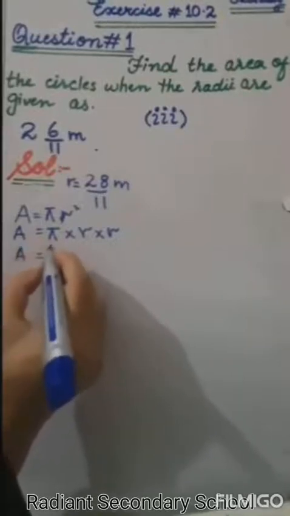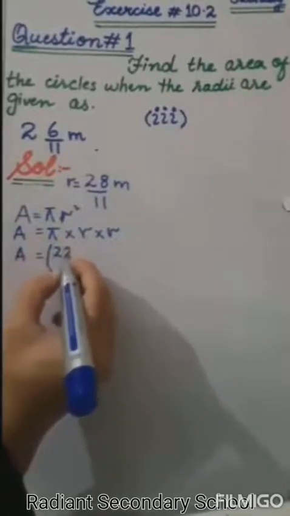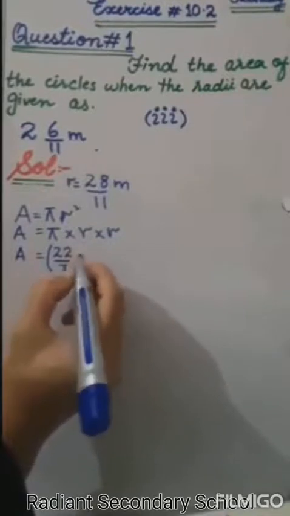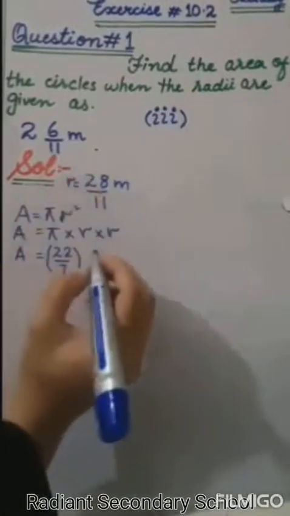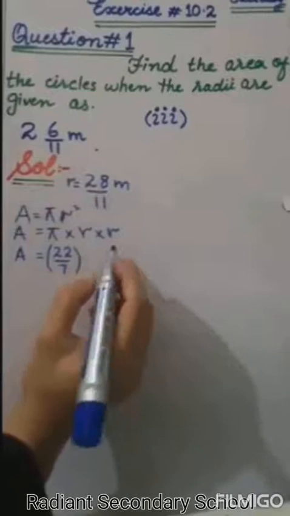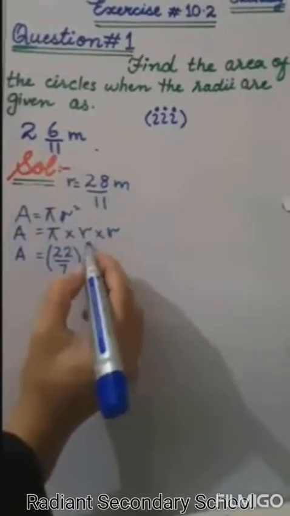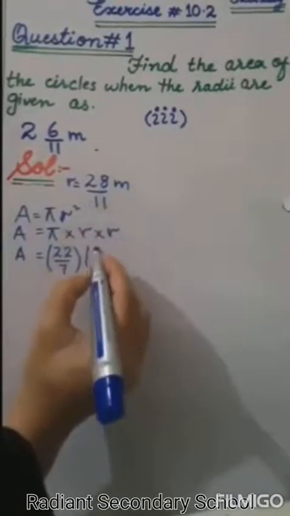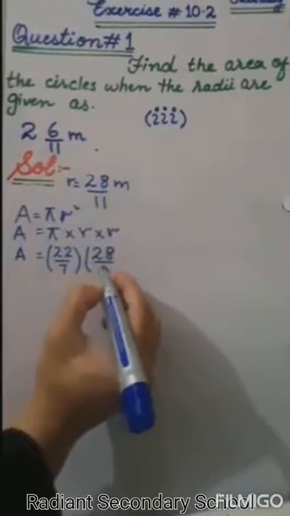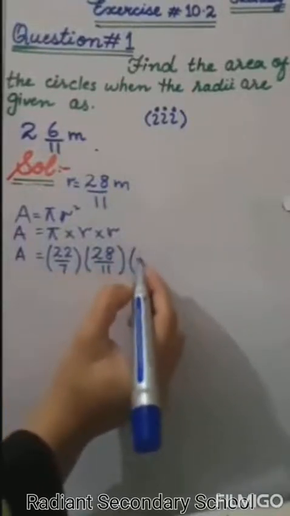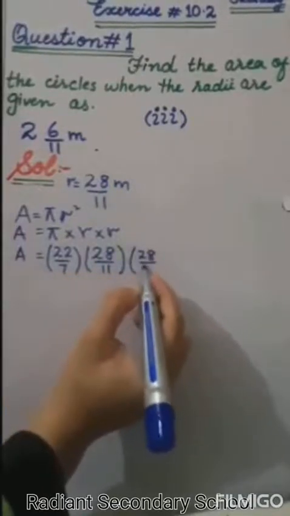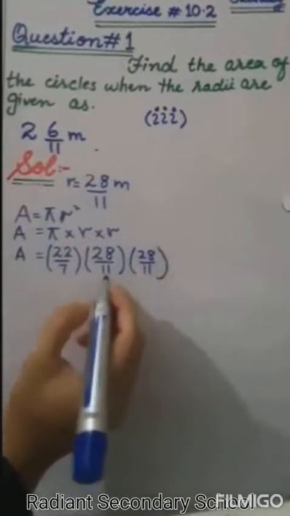The value of pi, I am taking 22/7 because in the question it is not mentioned which pi you have to take. So you can take 22/7 here, multiplied by r. R is 28/11, 28/11 and 28/11 again.